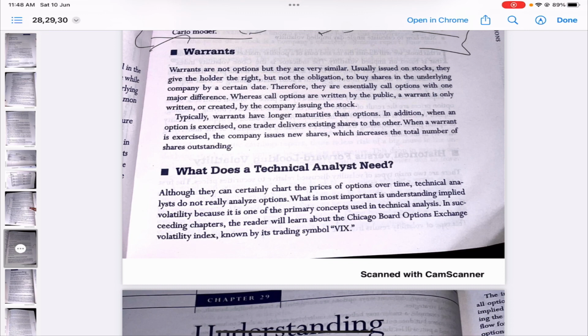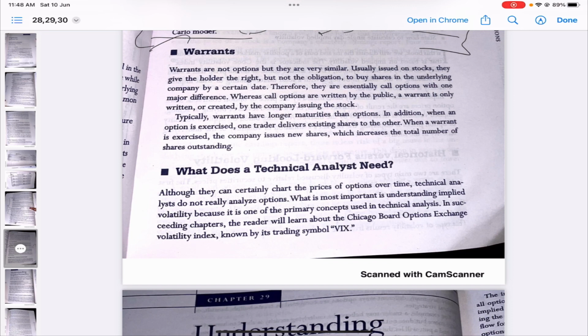A warrant is written or created by the company issuing the stock. So the price of the options is determined by the forces of supply and demand, and it is determined by you and me. But the price of warrants is decided by the underlying company itself.